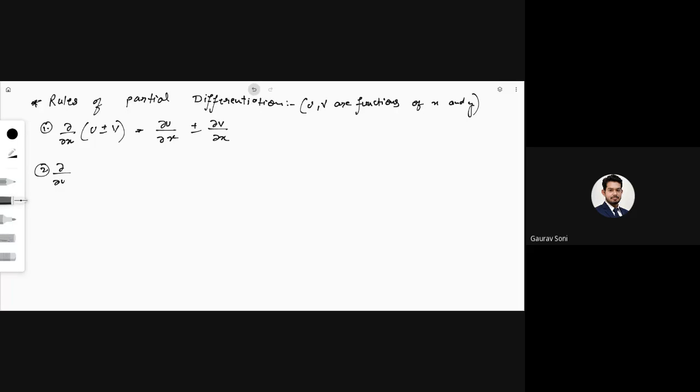Dabba by dabba y of u into v. Vipul, can you tell me the partial derivative with respect to y of u into v?